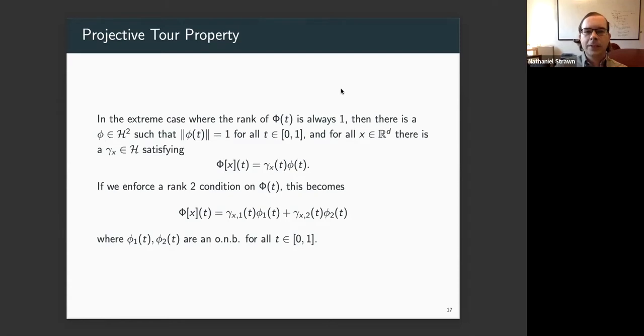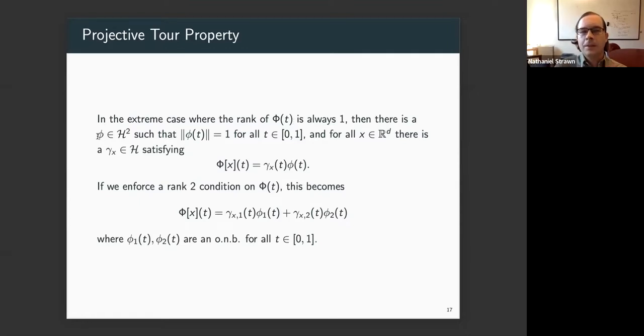The next is the projective tour property. So consider the bad thing that could be happening if you don't have a 2D slice or a 2D projection at every single time slice. Let's consider the extreme case where the rank of phi of t, right, as a map from R^D into R^2 is always 1.